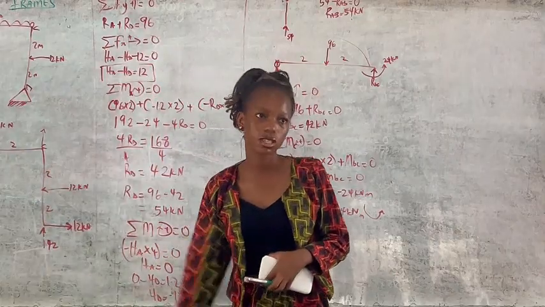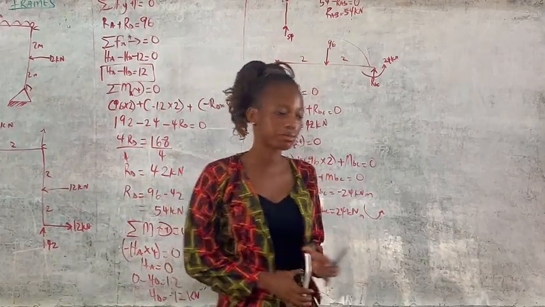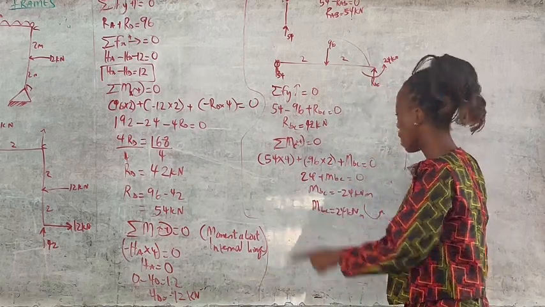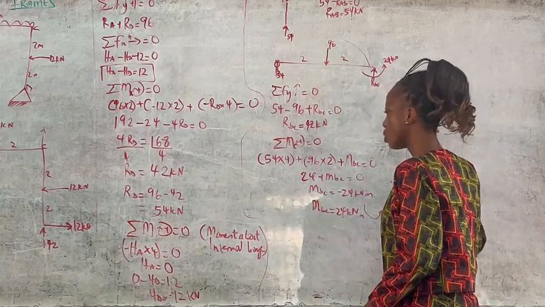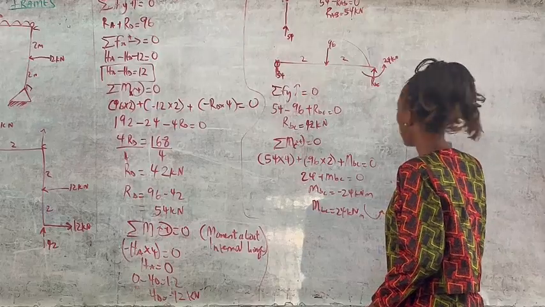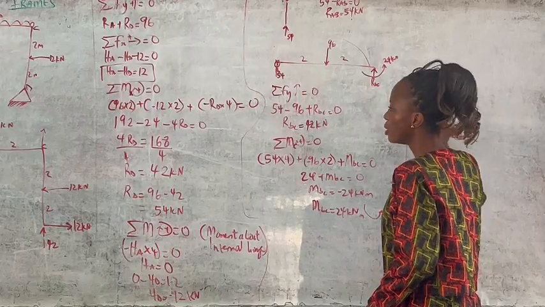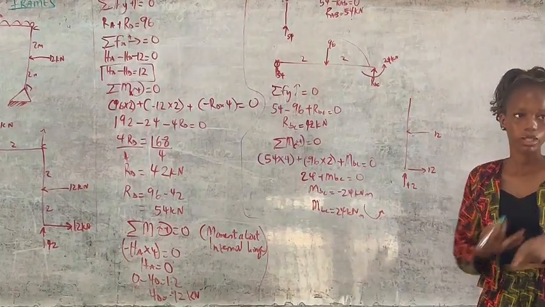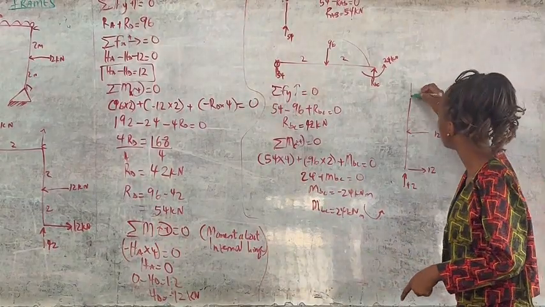We are left with CD, the last one. So now CD is like this. We have 12 and we have 12. Then the same way we did the other time, we are picking three of them.